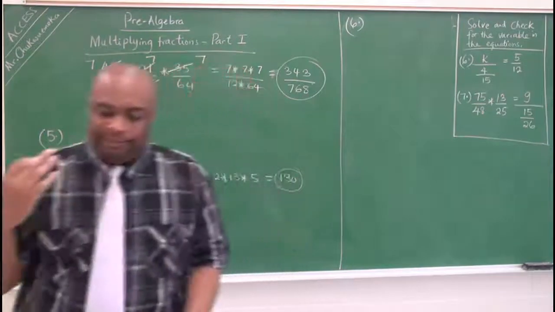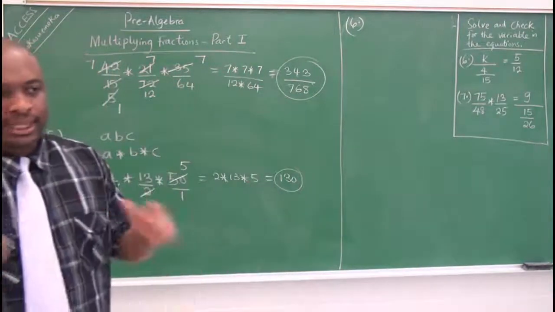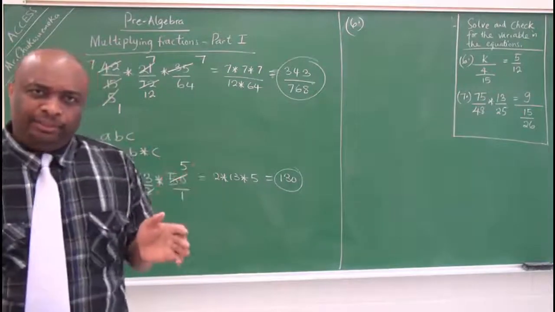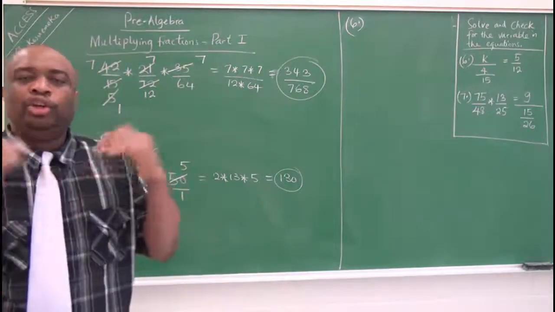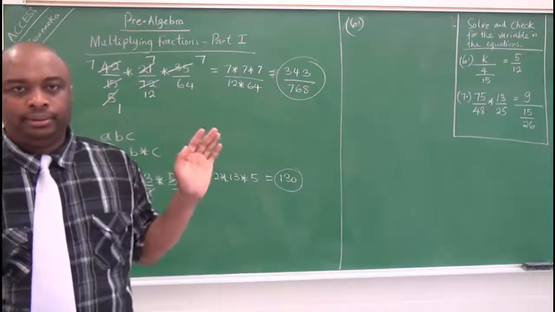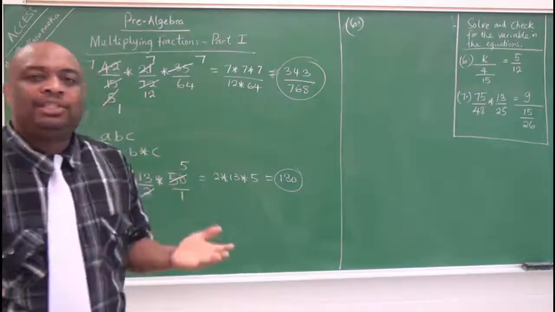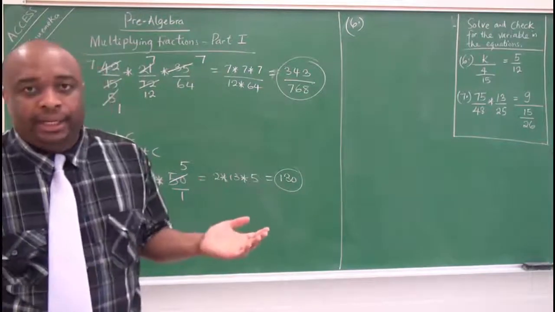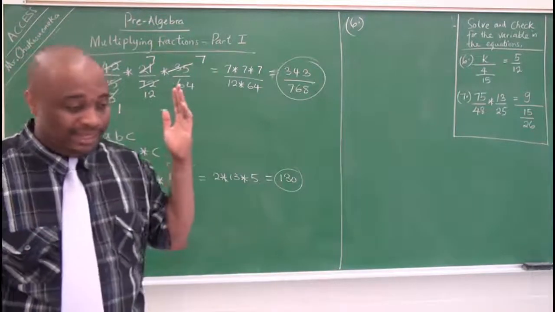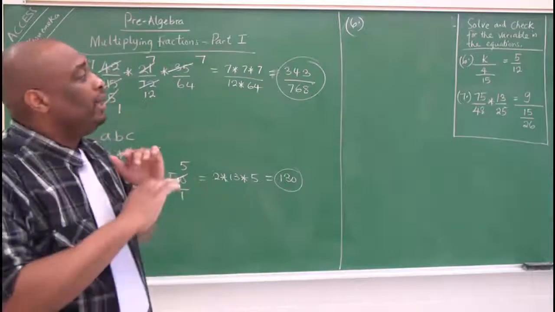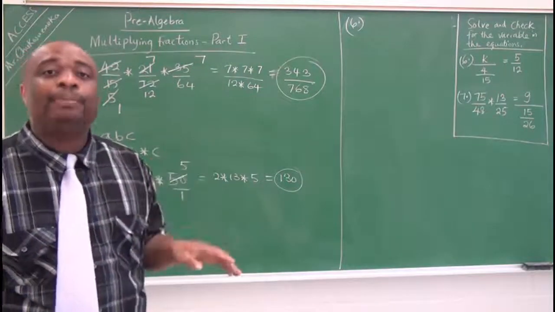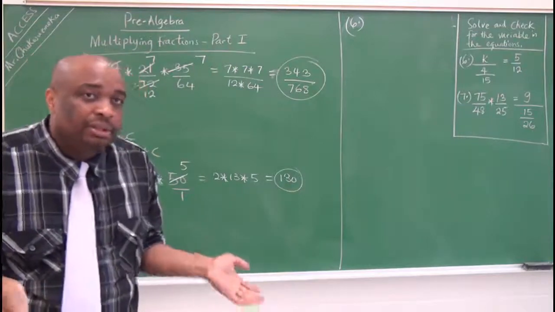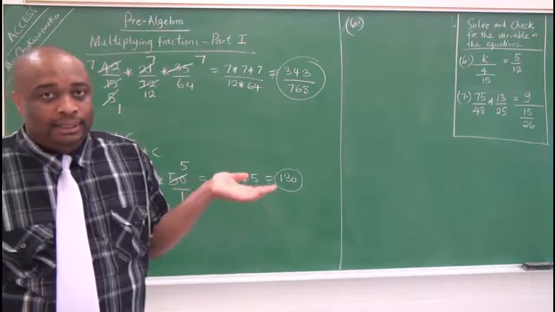I've always said this in my videos: whenever you have an equation, I love equations a lot because they tell you whether you're right or wrong by checking. It's very important that you check, to make sure that the left-hand side of the equation is equal to the right-hand side.